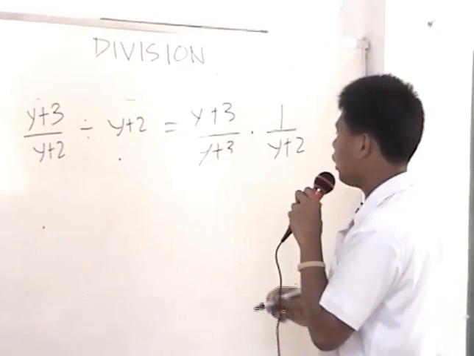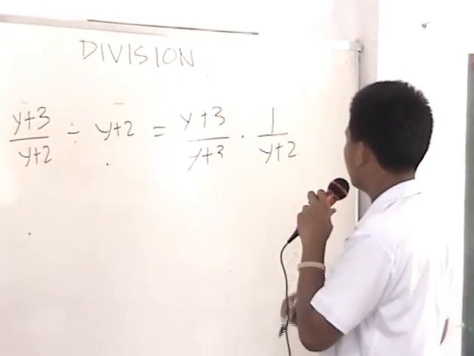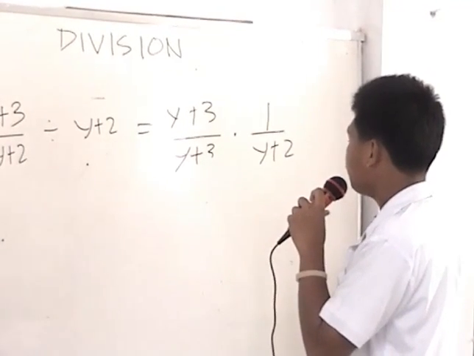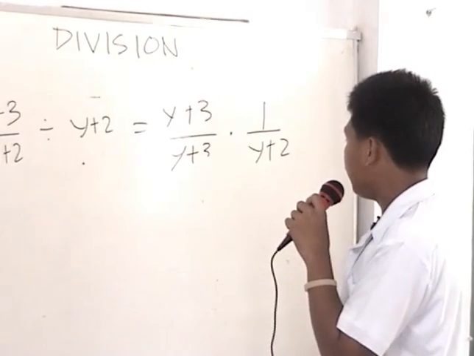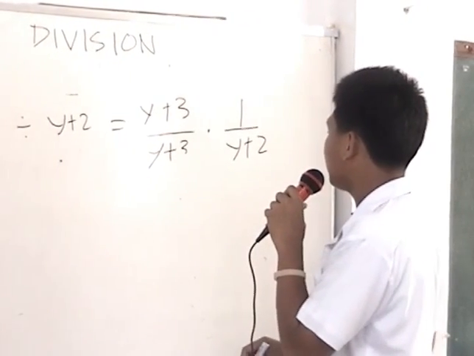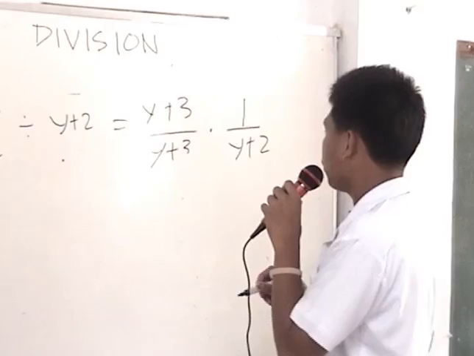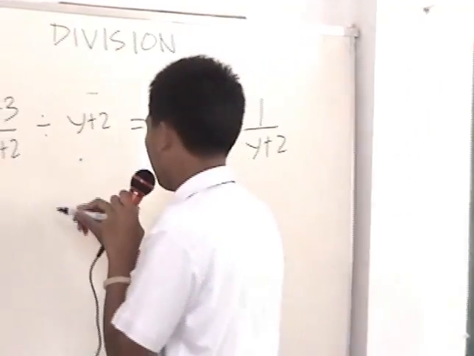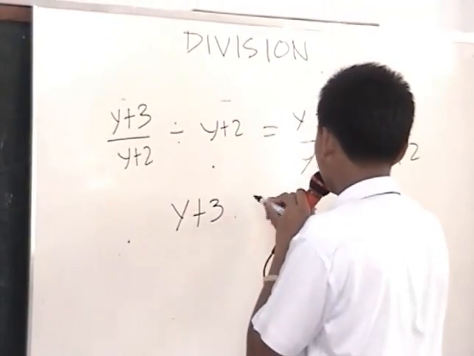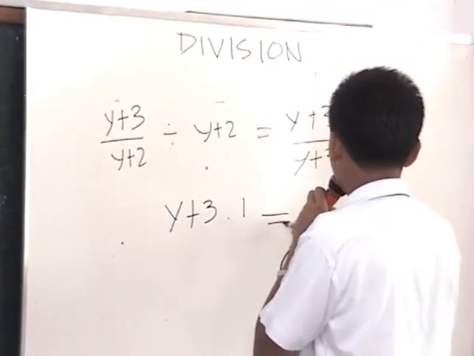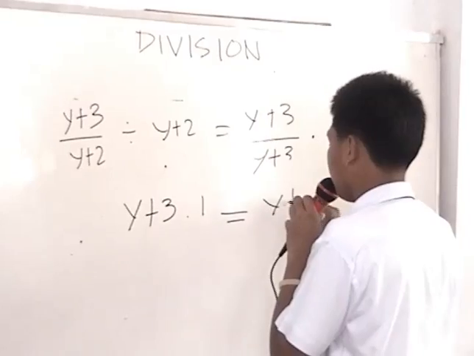Since there is no same factor in the numerator and denominator, we will not use the cancellation process. So let's proceed. y plus 3 times 1 is equal to y plus 3.